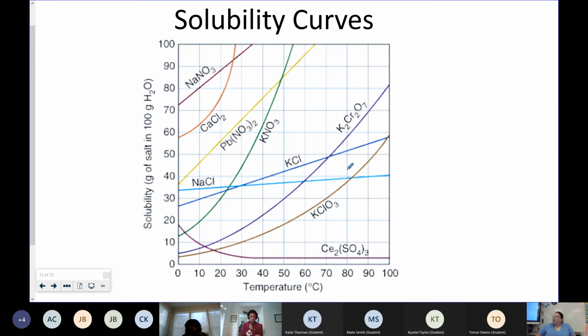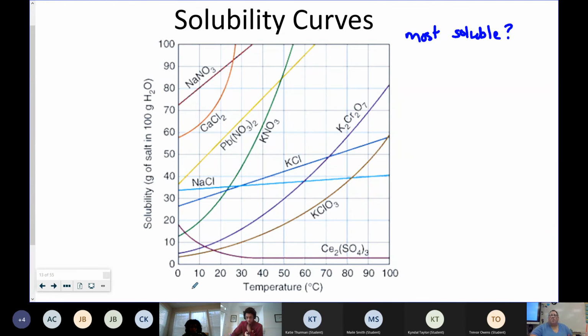So things that you might be asked to find on a graph like this. It might ask which is the most soluble at a given temperature. So the most soluble at a given temperature is going to be whatever is the highest at that temperature.